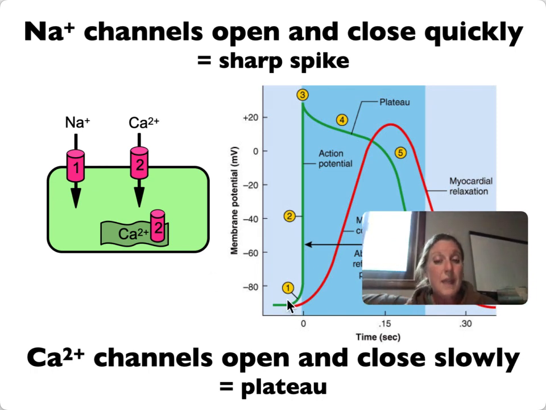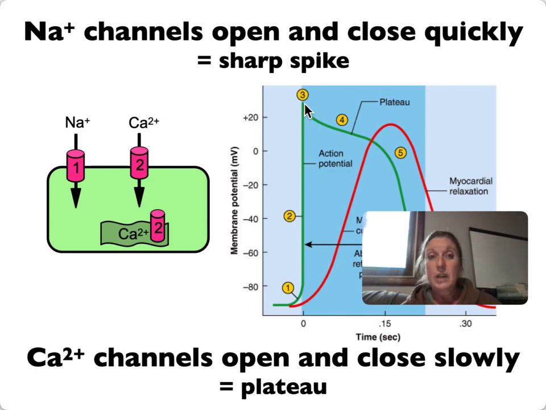Okay, so what that means, if we look at this green line, is that as soon as the action potential arrives, the calcium and sodium come from the gap junction, and these two channels open, we get a super sharp, super fast increase in the charge in the cell. It becomes way positive. And then when we reach this point, the sodium channel is closing.